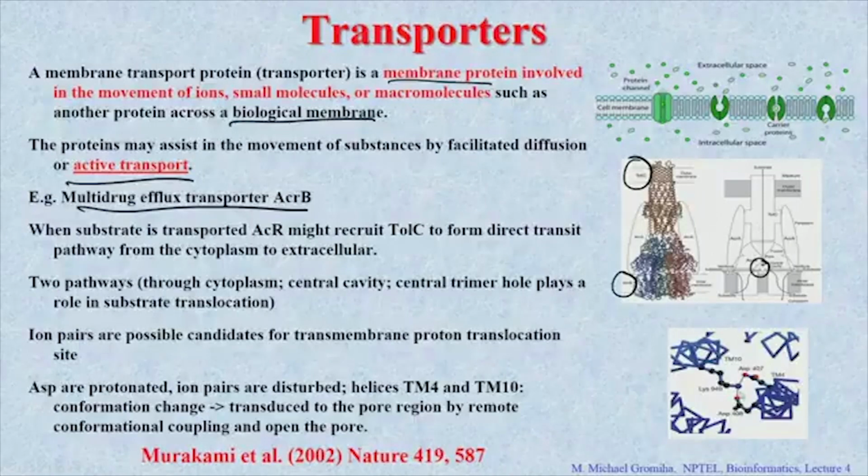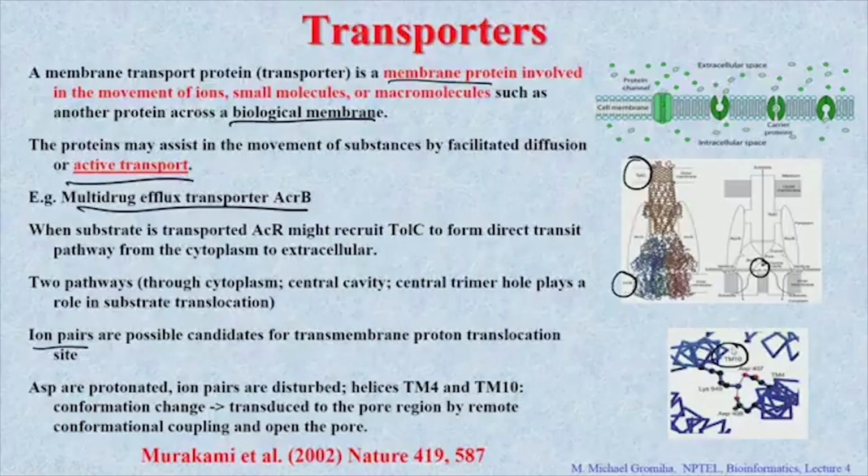So, you cross the membrane, and during this transport, the transmembrane helices, like transmembrane helix 10, have residues involved in electrostatic interactions, like Asp407, Lys940 and Asp408. These ion pairs are possible candidates for the translocation, and they are disturbed.